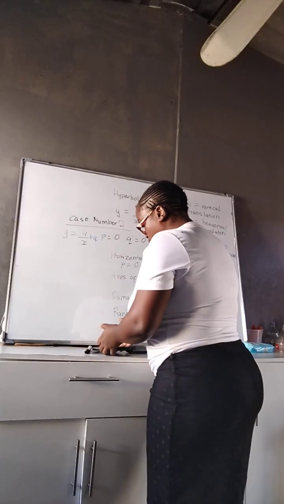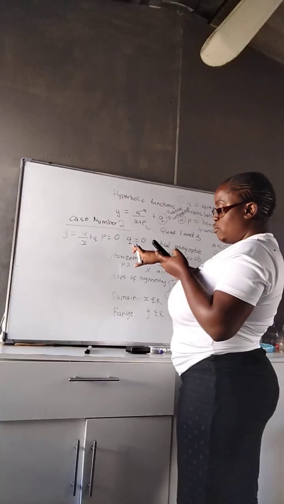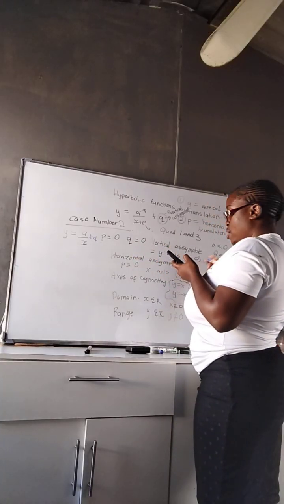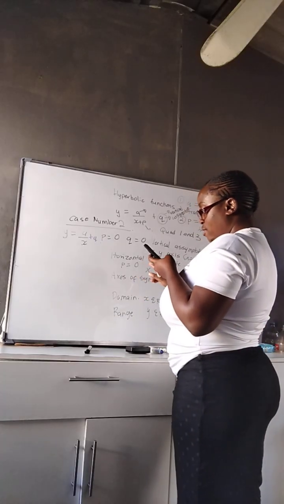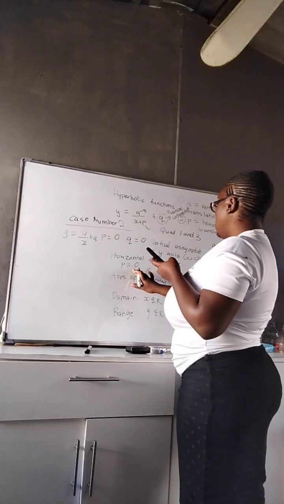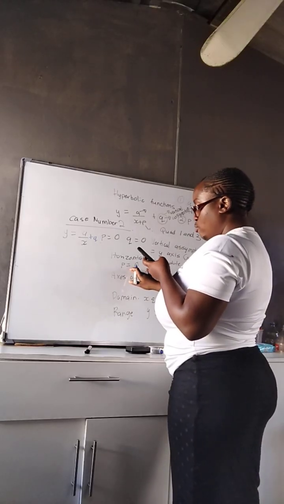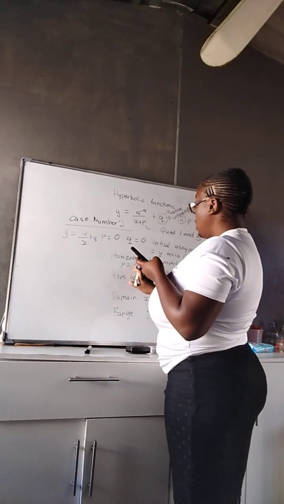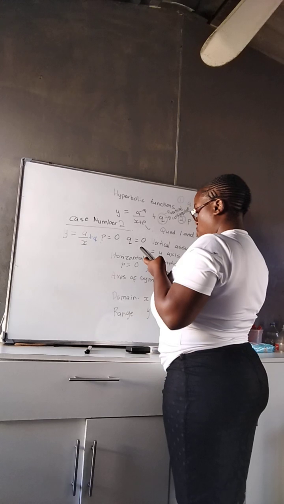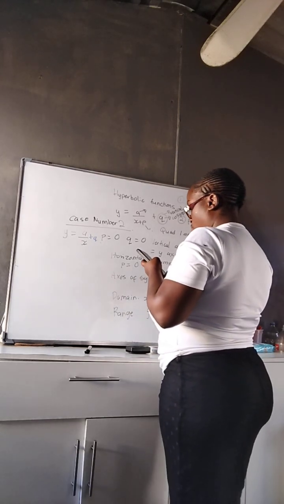So what changes? p is going to be 0, so the vertical asymptote is still the same, right? And then the horizontal asymptote now is going to be q. y equals q, right?